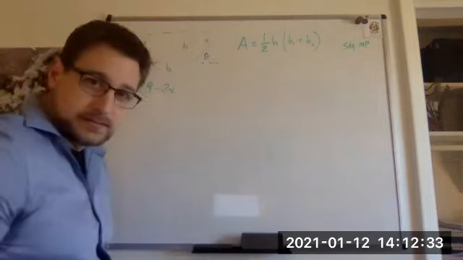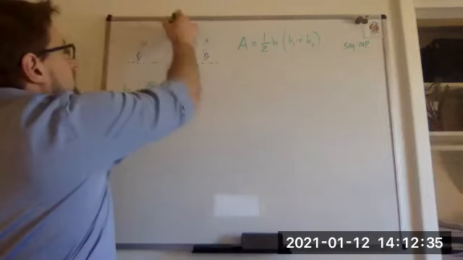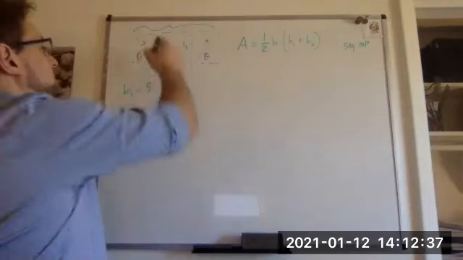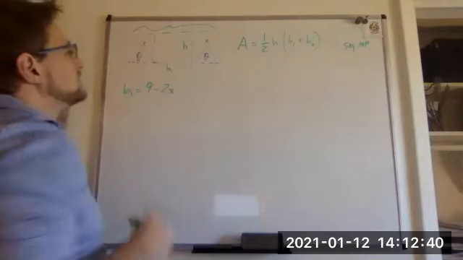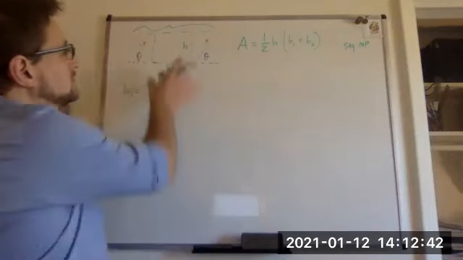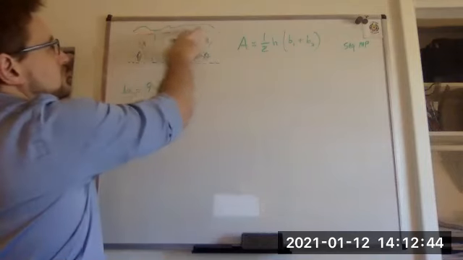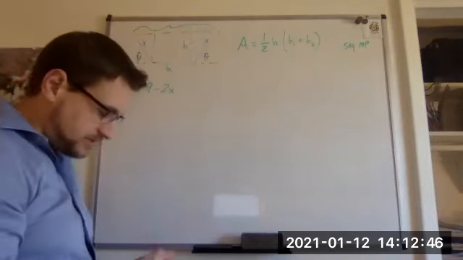The second base is that same distance plus those two horizontal sections on either side.